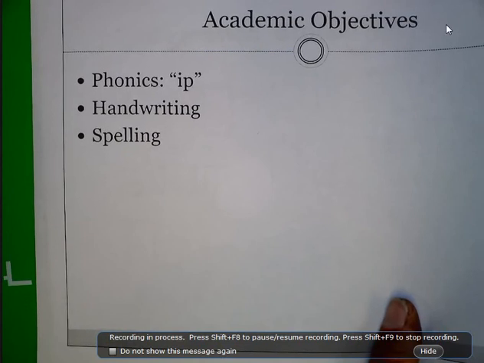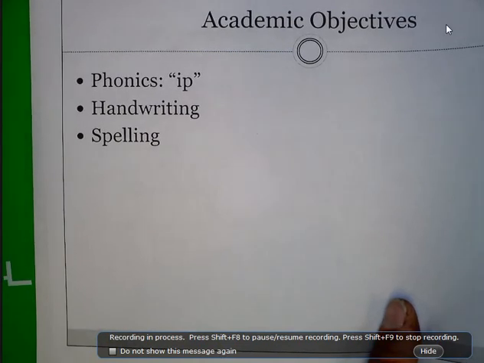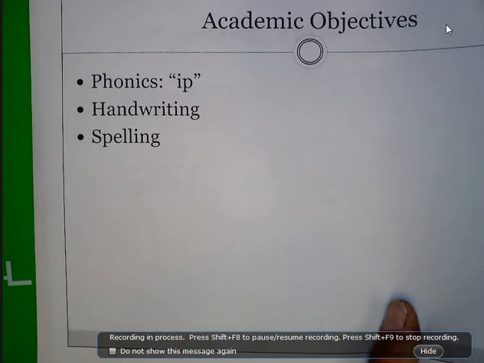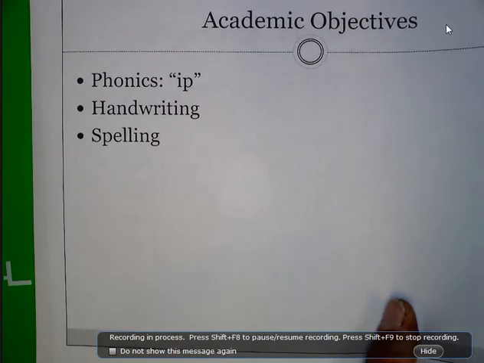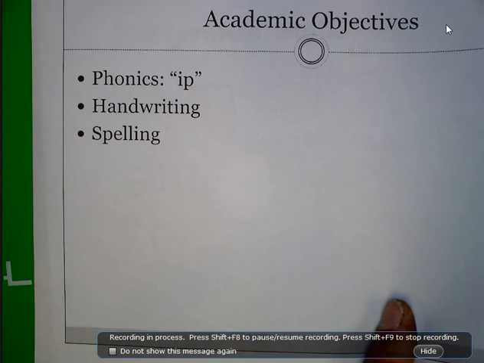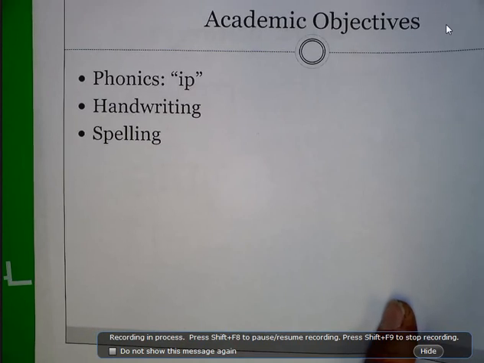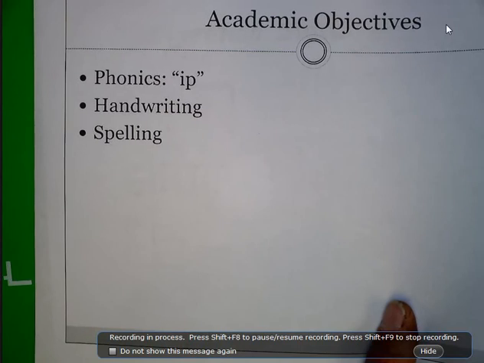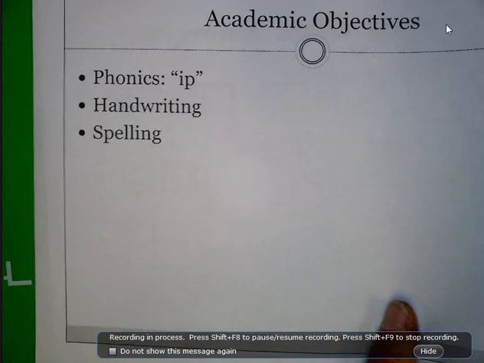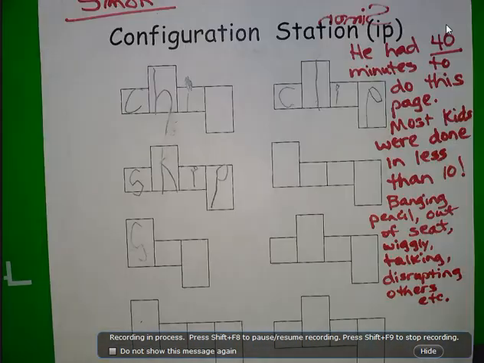We don't take out the handwriting piece just because we think that'll be simpler, because then we're changing what the kid is supposed to be learning, and then we're not giving our ELLs access to the same information as their grade level peers, which means we end up tracking them into lower achievement cycles. So we can't change our academic objectives. That's important. Don't change your academic objectives, always.